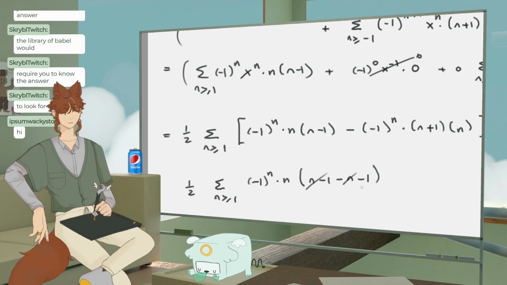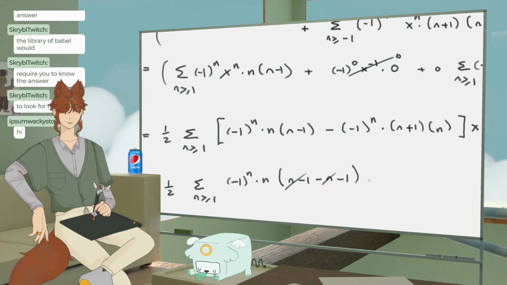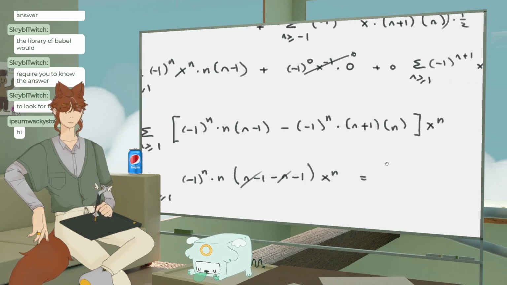These n's cancel out? Whoa, wait, this is so clean. So it's gonna be like -2. So this just goes away, and it's another minus, so it's gonna be -1 to the n plus 1 times n times x to the n.